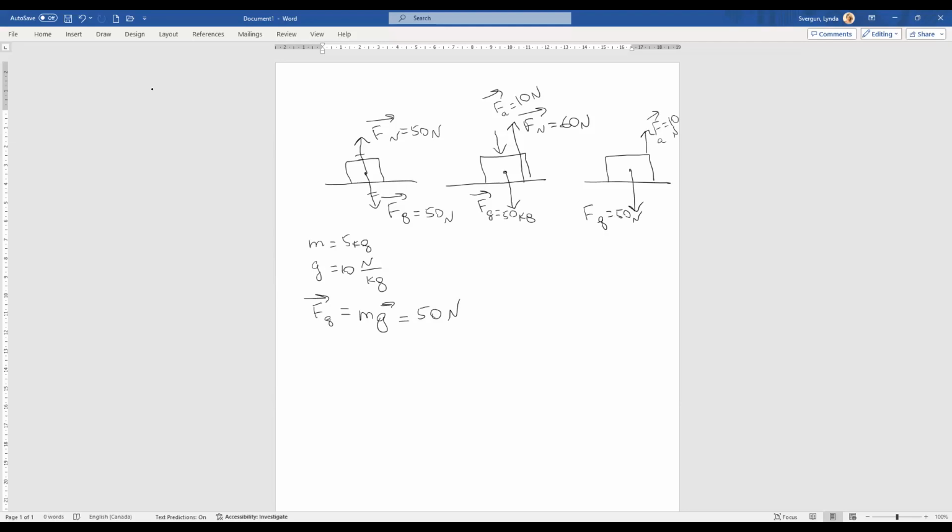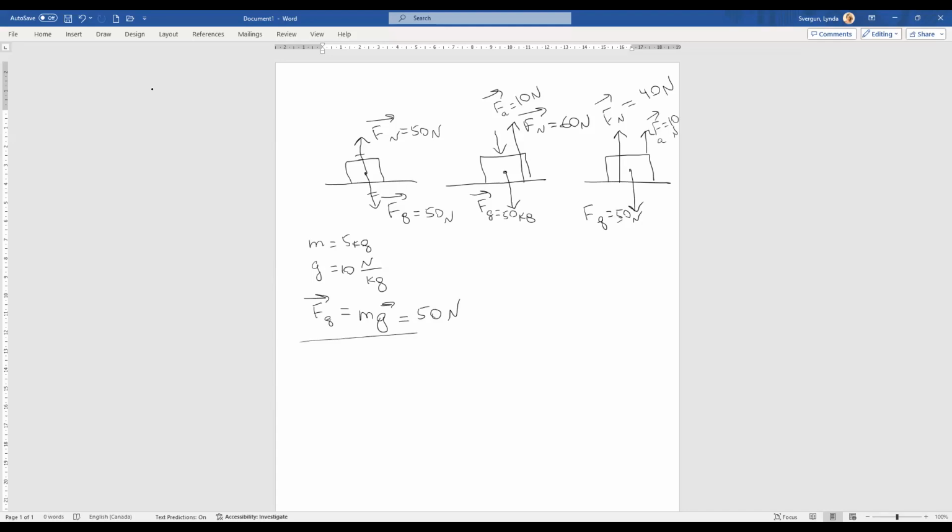Force of gravity is bigger, so its vector is longer. So the force of reaction from the surface will be smaller. It's equal and opposite to the resultant force of those two. So 50 minus 10, 40. So normal force is 40 newtons. Just to show that if an object is on a horizontal surface and forces act on it, the normal force could be bigger or smaller than the force of gravity.